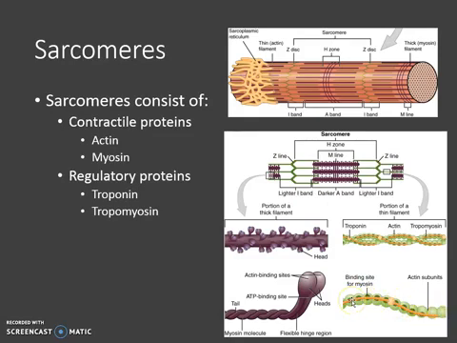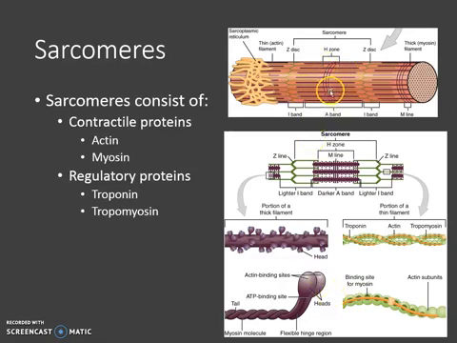We also have some regulatory proteins, because the regulatory proteins regulate when a muscle contracts and when it doesn't. The regulatory proteins are attached to actin. On actin, the little darker circles here are the binding sites for the myosin heads. So when a muscle contracts, the myosin heads can bind to these binding sites on actin and pull actin across the myosin.